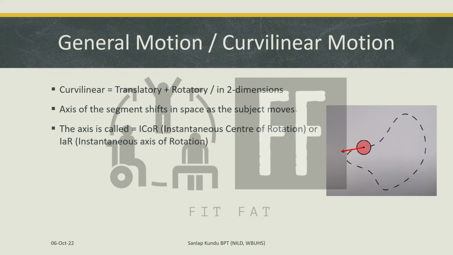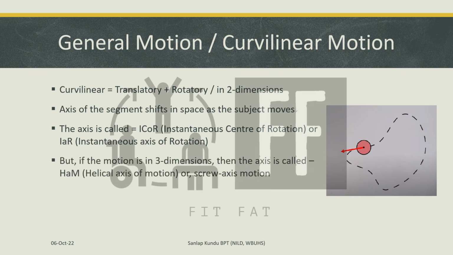The axis is called ICR, or instantaneous center of rotation, or IAR, that is instantaneous axis of rotation. But if the motion is in 3 dimensions, which mostly happens in our case, the axis is called HAM, helical axis of motion, or screw axis motion.